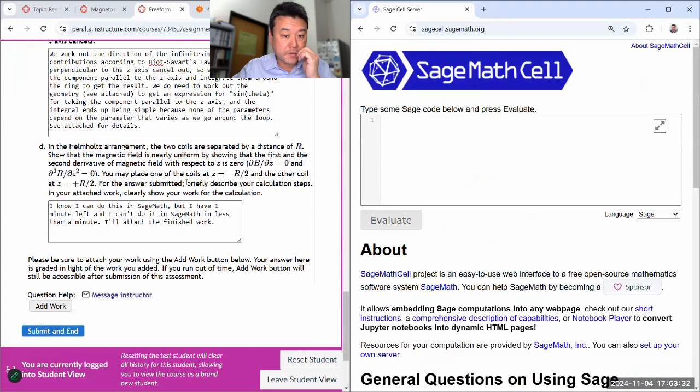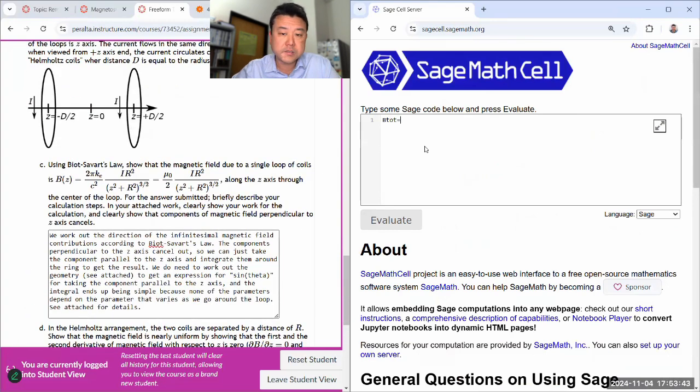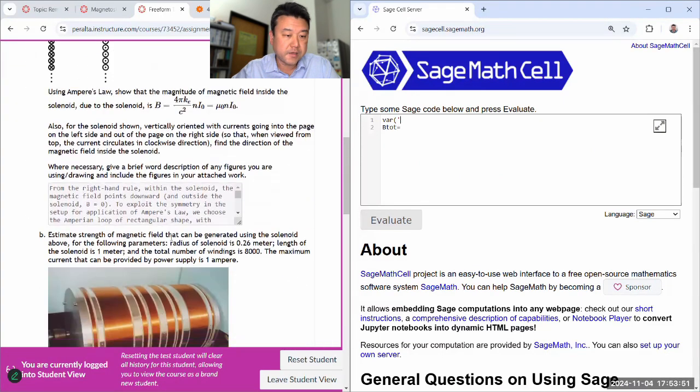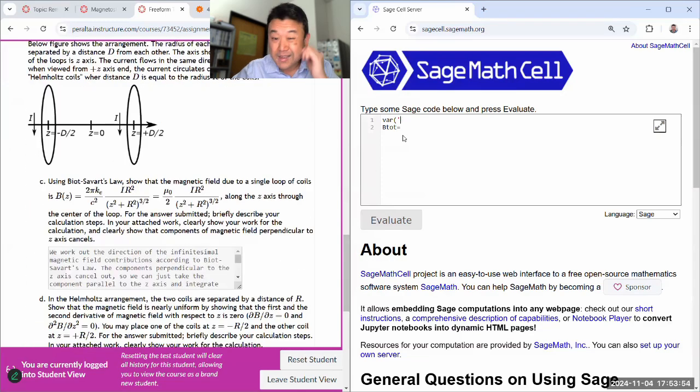So what I need to do is I need to build an expression for B total. That's gonna be the magnetic field due to the two coils. So I need to build in some variables. Yeah, it'll do that. And I'm pretty sure.